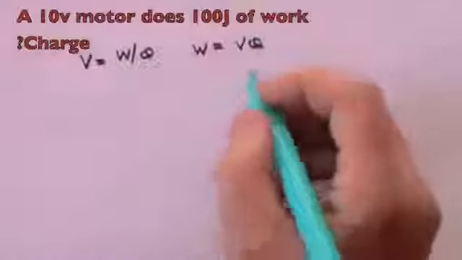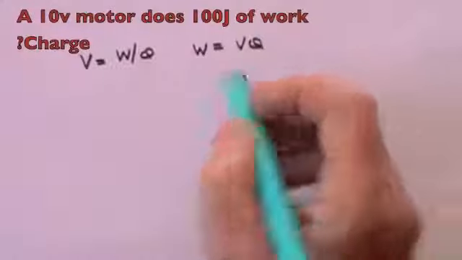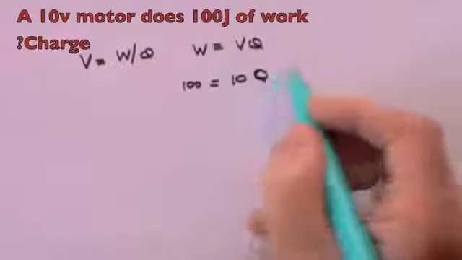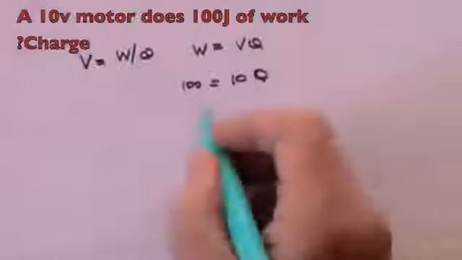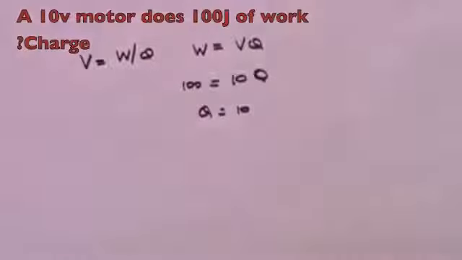And the voltage is 10, and we say that we want 100 joules of work, and we want to know what is the charge, and obviously the charge Q is going to be 10. 10 times 10 is 100. So we need 10 coulombs of charge for a 10 volt motor to be able to do 100 joules worth of work.